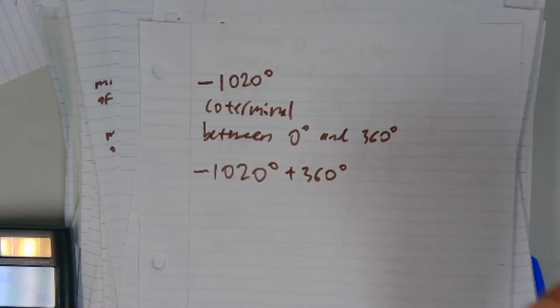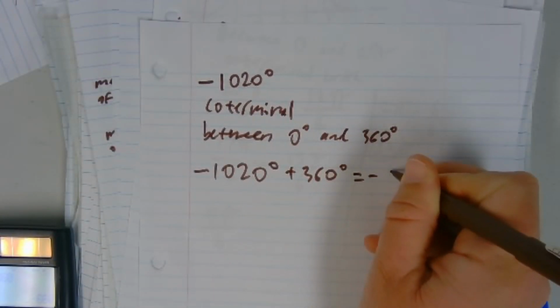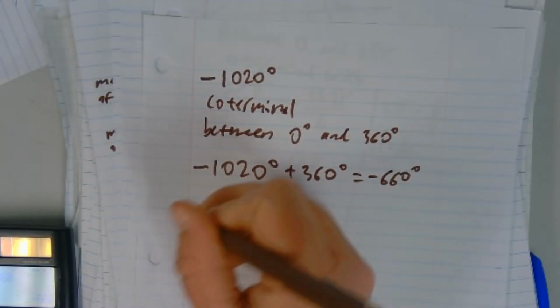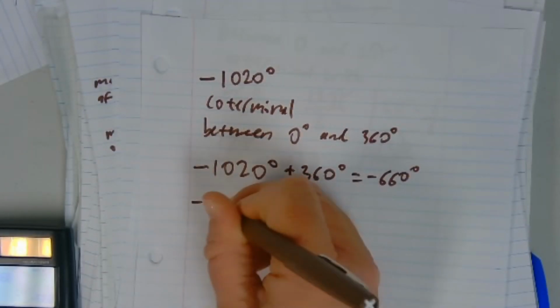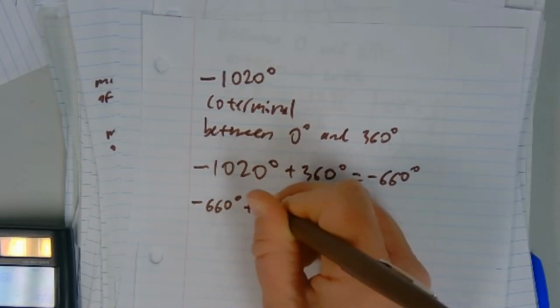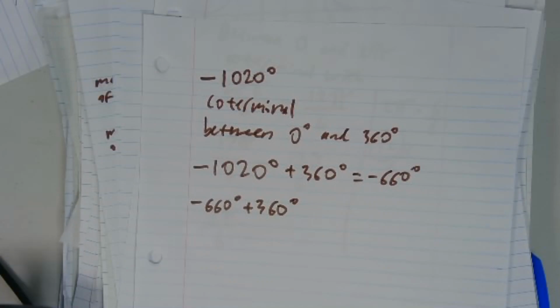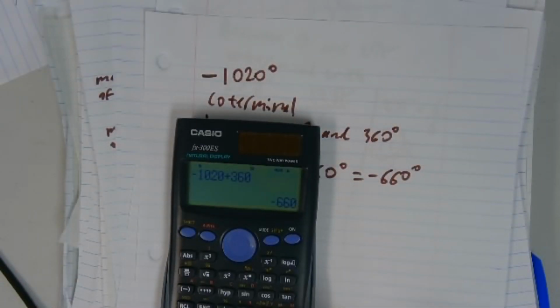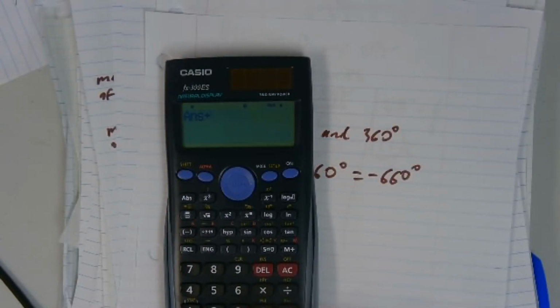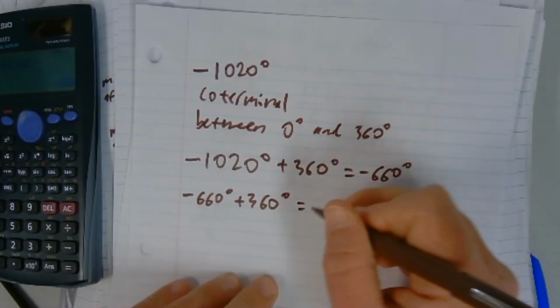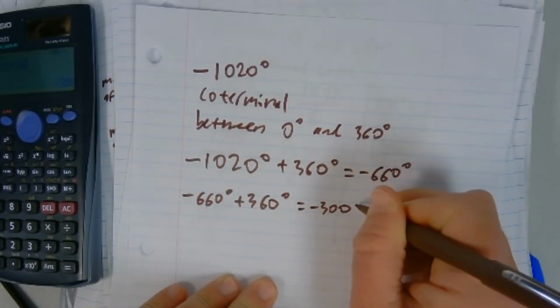Still a negative number. So negative 660 degrees plus 360 degrees. My math sense is tingling and saying that this is still going to be too small, but I will do it. Plus 360, and I get negative 300, so I am, as one could see, getting closer.